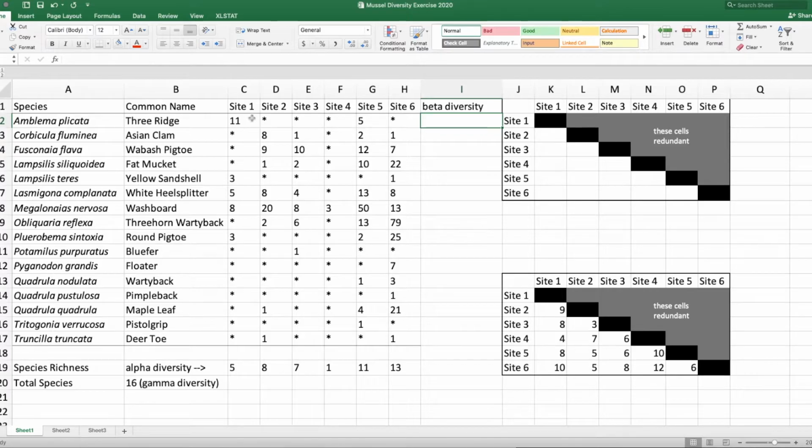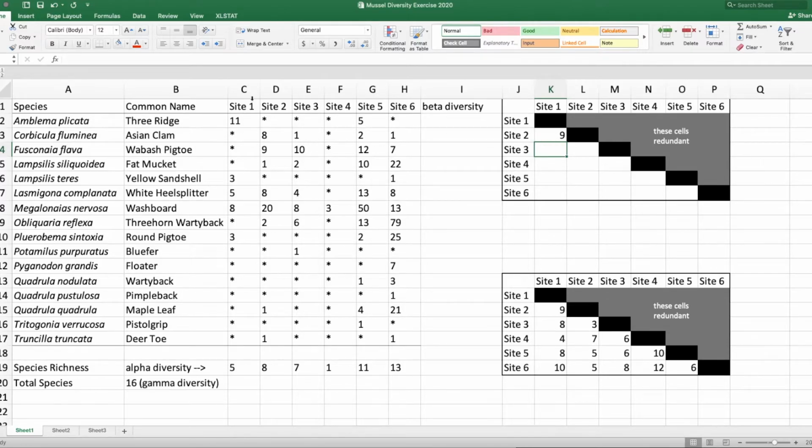So site 1 to site 2: 1, 2, 3, 4, 5, not this one or this one, 6, 7, 8, 9. So the answer here is 9. Comparing those 2 sites together, there are 9 species found in one site or the other, but not both.